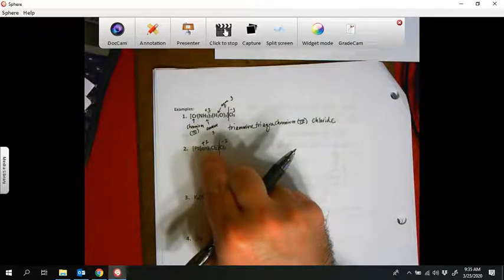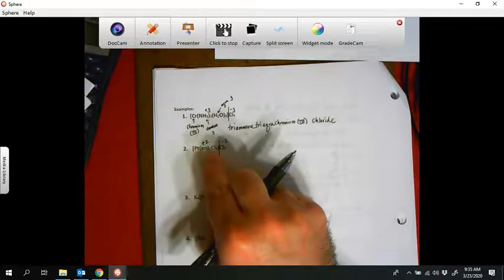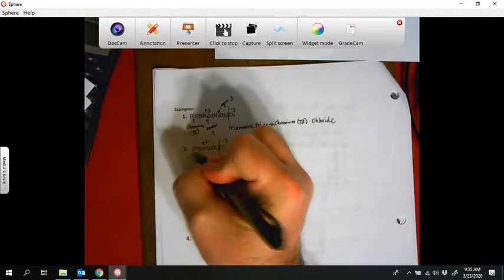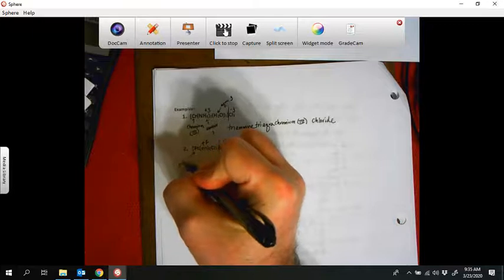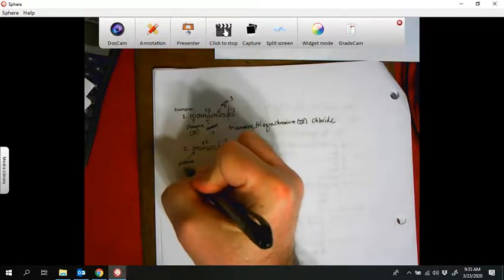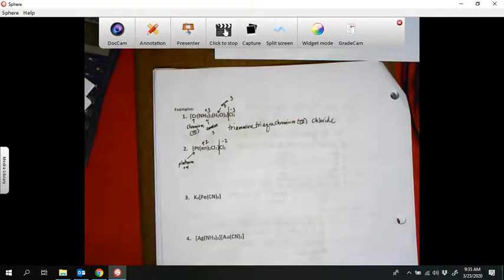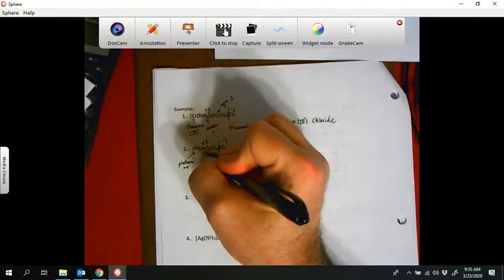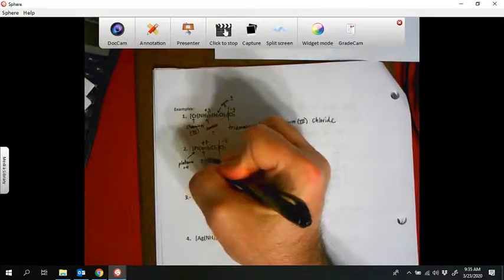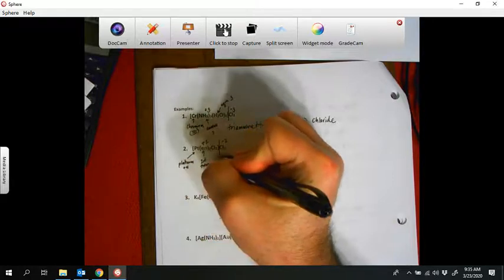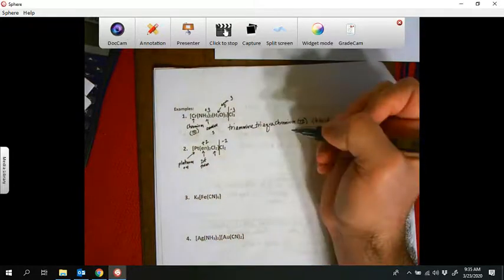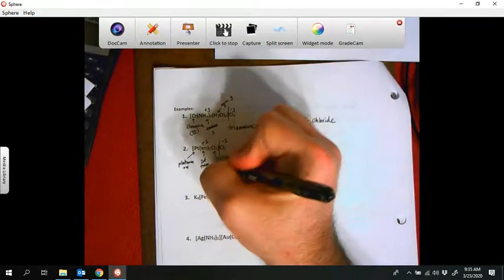We know that chlorine is -1 apiece. So we have to know what platinum is, and platinum is +4 in this case. We have 2 en, and we have 2 chloro ligands.